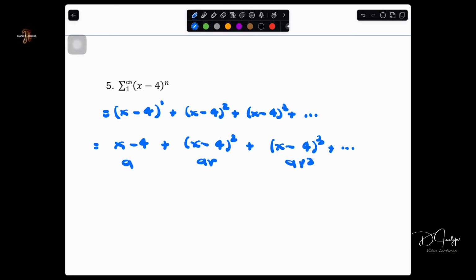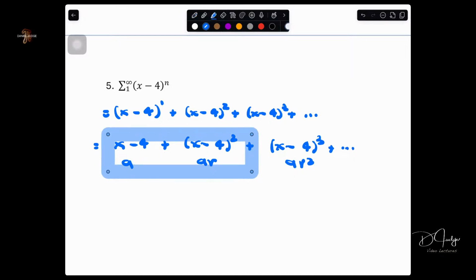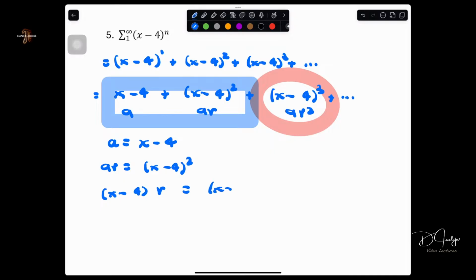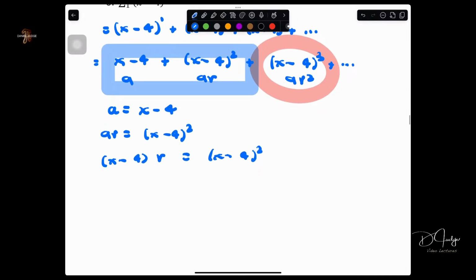If you check if this is geometric, you're going to find the following here. A is x minus 4. AR is x minus 4 squared. So that means x minus 4 times r becomes x minus 4 squared, and r is x minus 4. Don't forget, this is my a value.